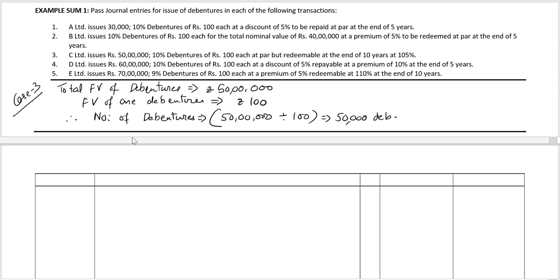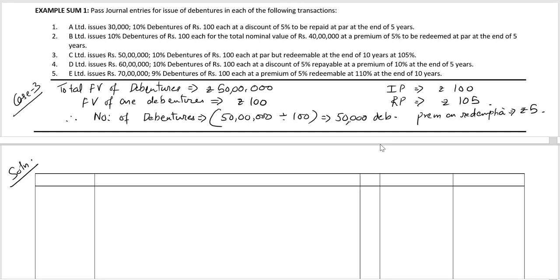The debenture has been issued at par, so the issue price is equal to the face value, rupees 100, but it's redeemable at the end of 10 years at 105%, so the redeemable price is rupees 105. That is, the premium on redemption is rupees 5 per debenture.